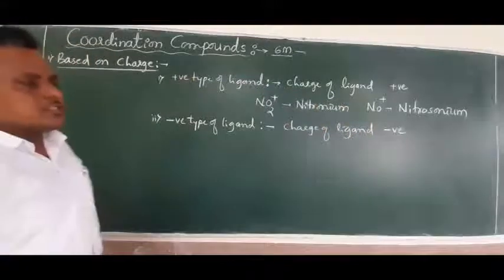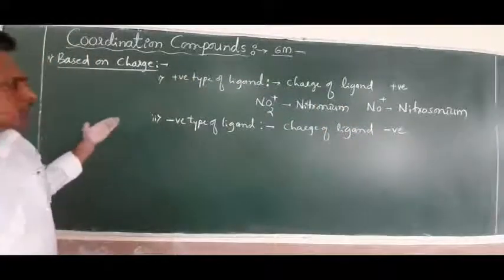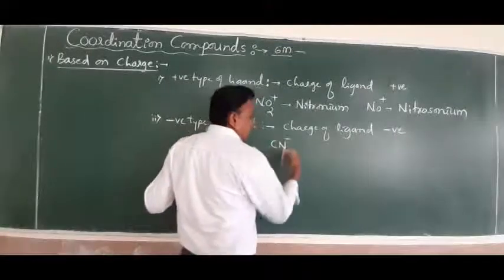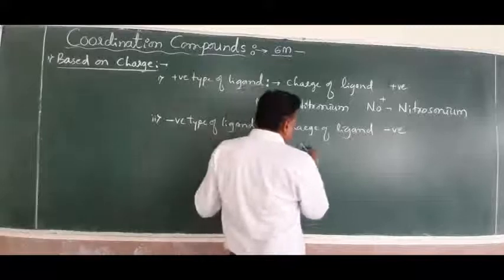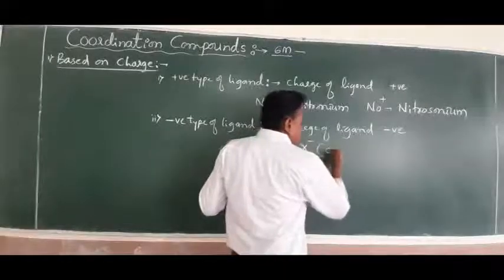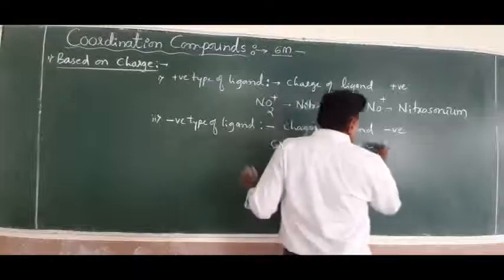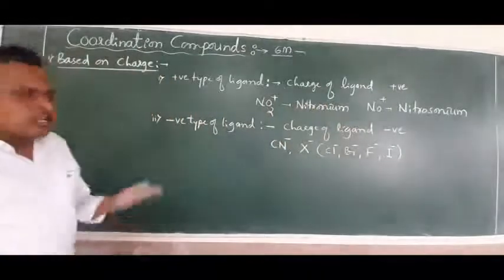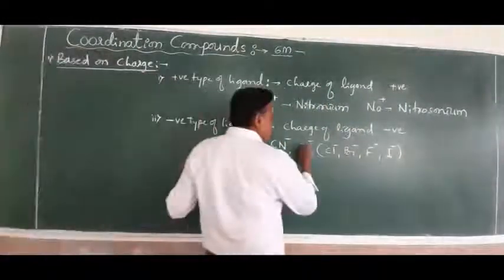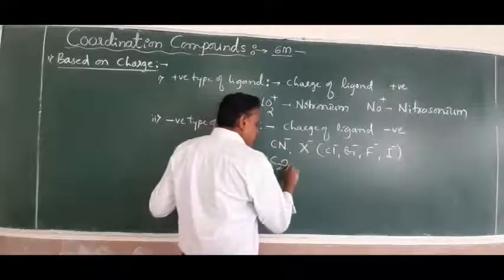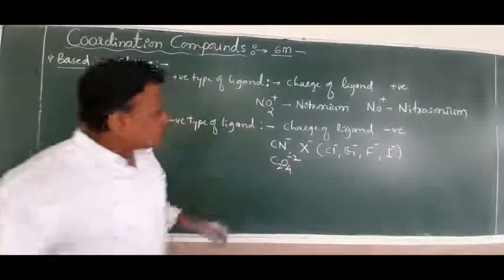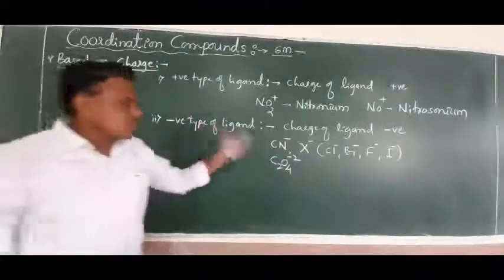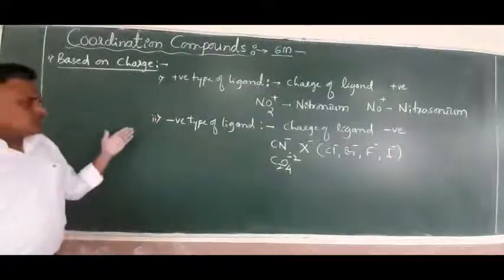These are the ligands which donate at least a pair of electrons to the central metal, but they have a negative charge, like cyanide, or halogens, X minus, becomes Cl minus, Br minus, F minus and I minus. Chloride ion, bromide, fluoride and iodide, halogens also carry negative charge. If you want to know, this is oxalate, C2O4 minus 2, oxalate ions. They are negative type of ligands. So many negative type of ligands we come across: cyanides, halogens, oxalate ions. It's a negative type, friends.